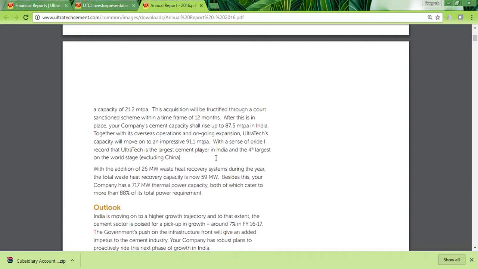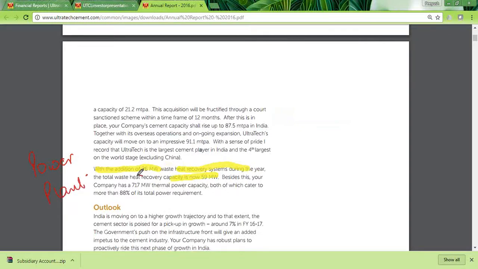The second important thing that you see is there is a 26 megawatt waste heat recovery system. Total waste heat recovery capacity is 59 megawatt. Megawatts are basically the capacity for power plants. So we are talking about a power plant for this company, right?